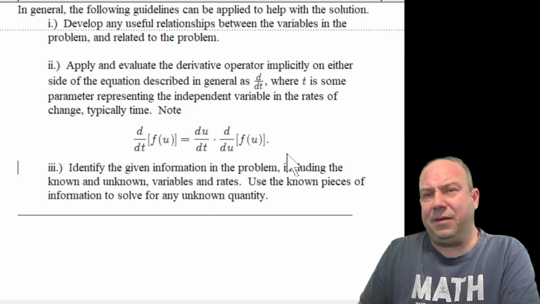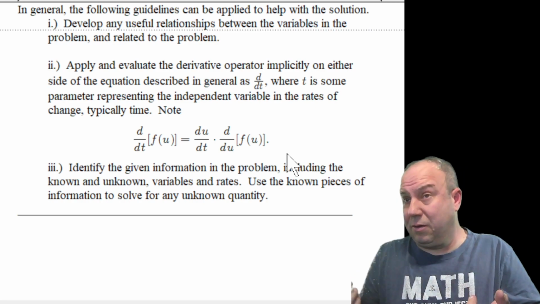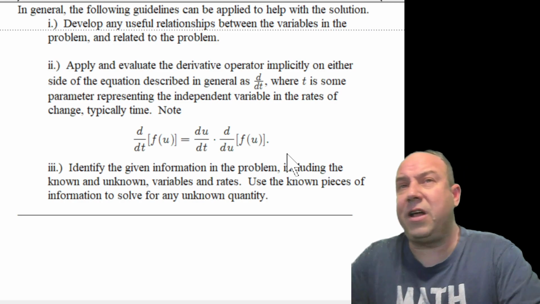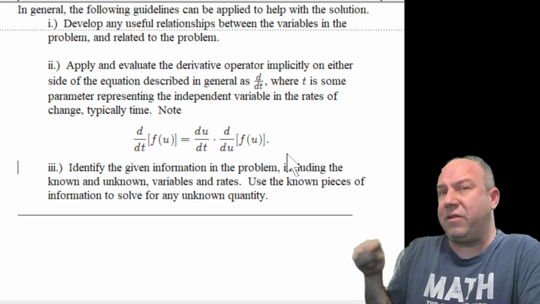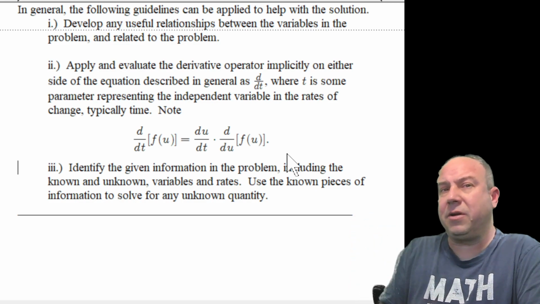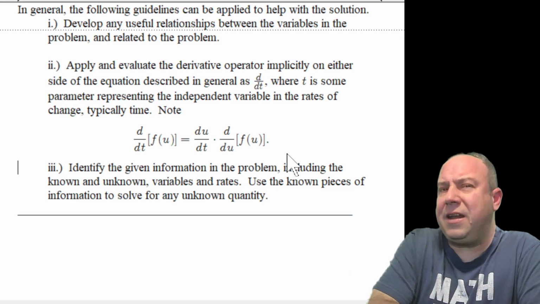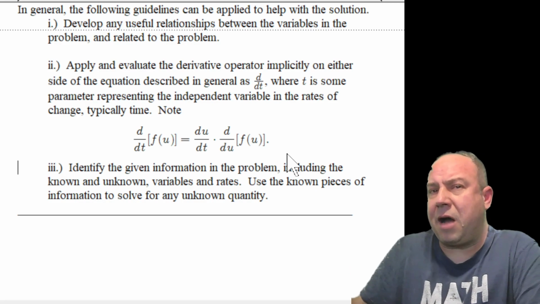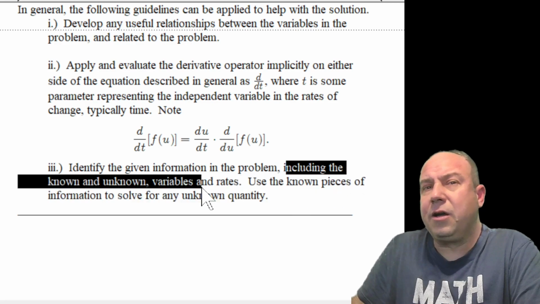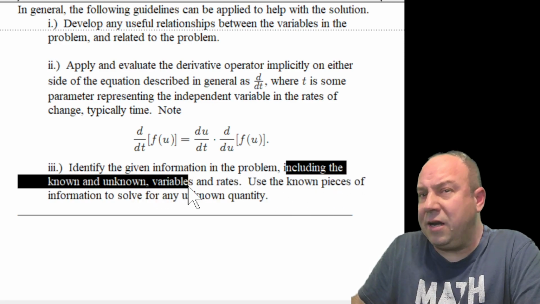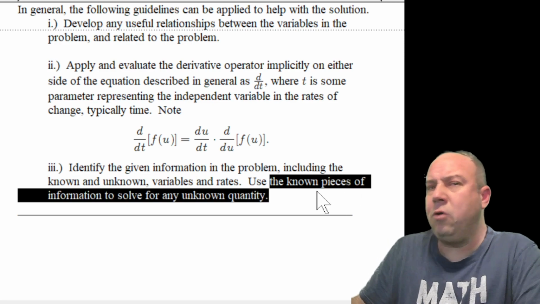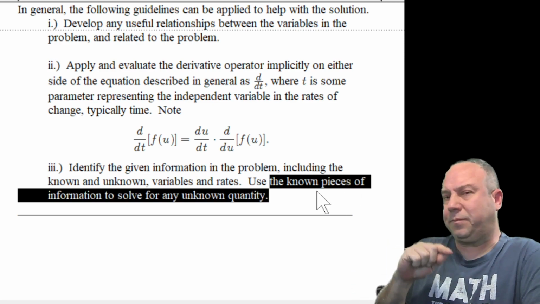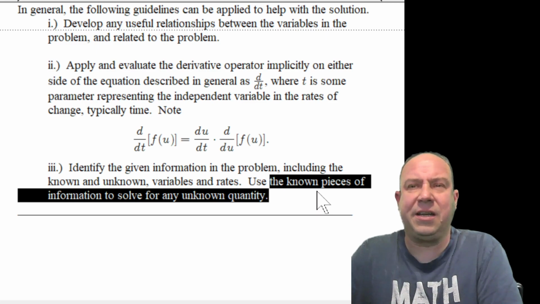And then with the information developed here, right, with the useful relationship developed and its derivative applied for the parameter, you want to then identify the given information in the problem, including any known and unknown variables and rates. And what you're going to often do is use the known pieces of information to solve for any of the unknown quantities.